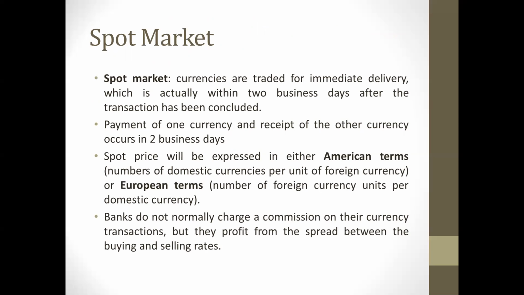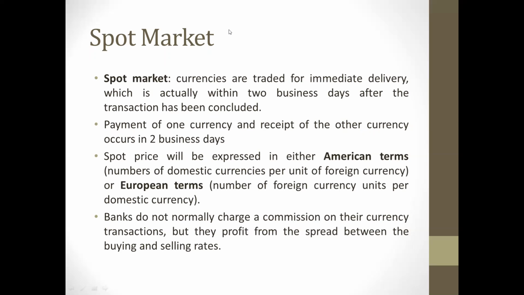Right. Taking this understanding together, now we are moving to the first market type under the foreign exchange market. We call it the spot market. Right? So with the spot market, the word itself gives you the meaning. The spot means it is happening immediately. Okay. So currencies are traded for immediate delivery, which is actually within 2 business days after the transaction has been concluded.